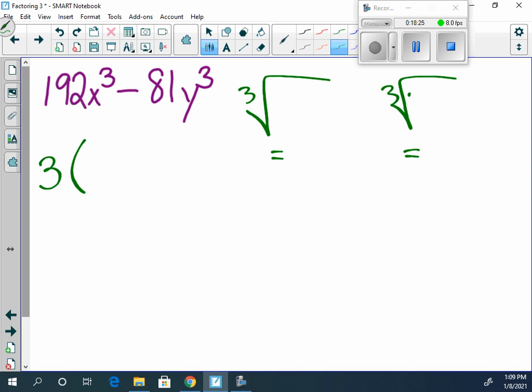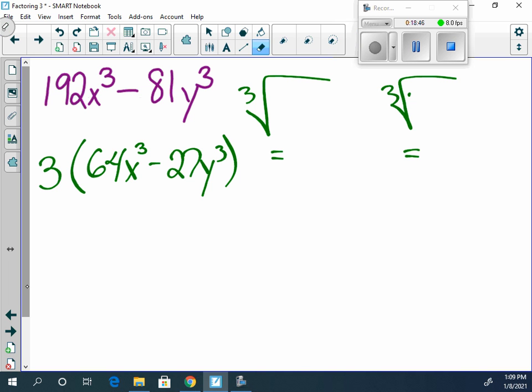So we can divide it by 3, which would give us 64x to the third minus 27y to the third. Well, now do I have two perfect cubes here? Because 64 is a perfect cube, and 27 is a perfect cube.